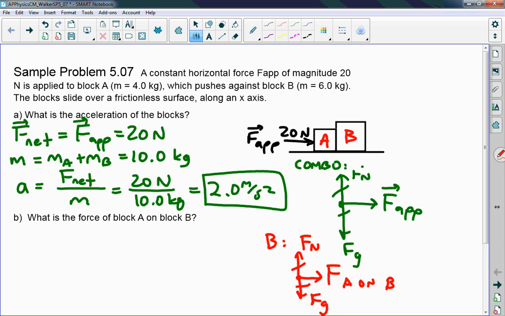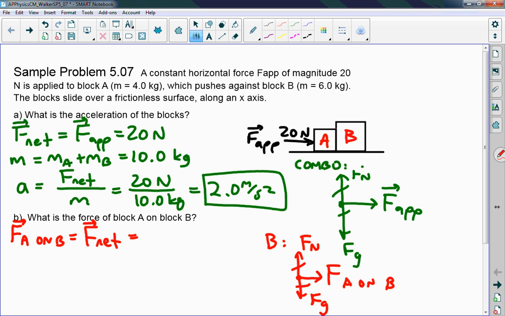There's no friction. So that's interesting, because then I'm sort of working backwards. I want to solve for the force of A on B. It just so happens that that is equal to the net force, because it is the only force that doesn't cancel.